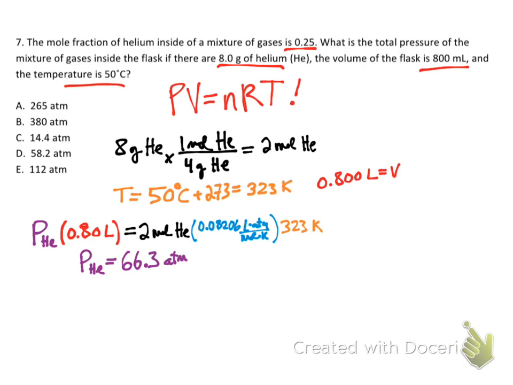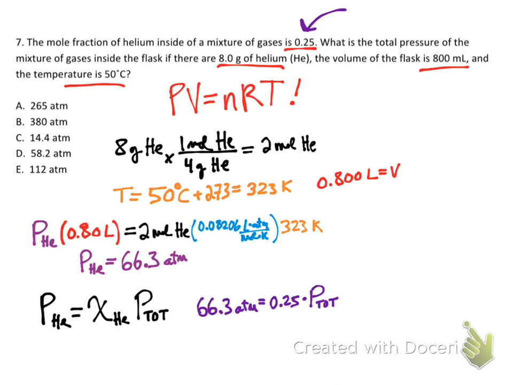So now what we need to do is use the fact that helium is only 25% of this entire mixture, which means it's only exerting 25% of the total pressure. So now we can calculate to find the total pressure by using this relationship. The partial pressure of a given gas, in this case helium, is equal to the mole fraction of said gas, again we're using helium, times the total pressure. So let's plug in our values and see what we get.